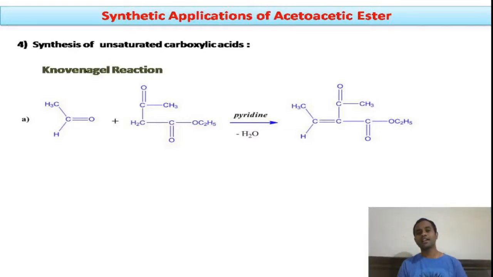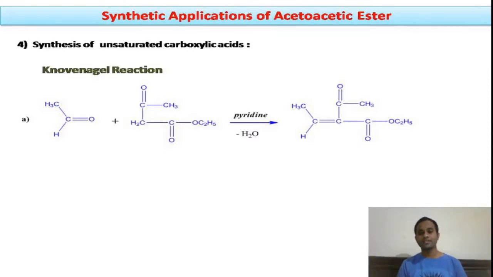This is a named reaction which is known as Knoevenagel reaction, that is condensation of active methylene compounds with the carbonyl compounds in presence of base is called Knoevenagel reaction.